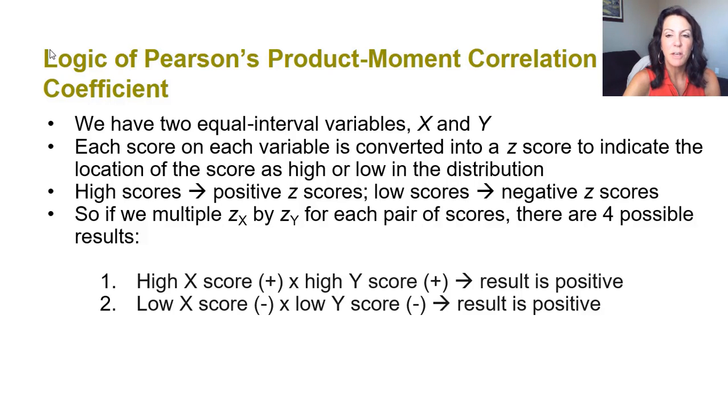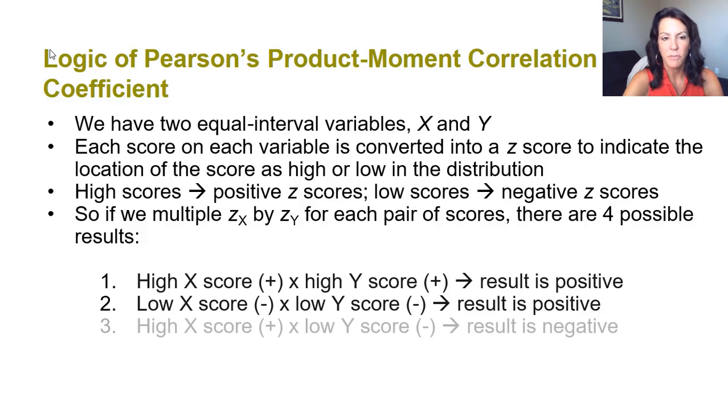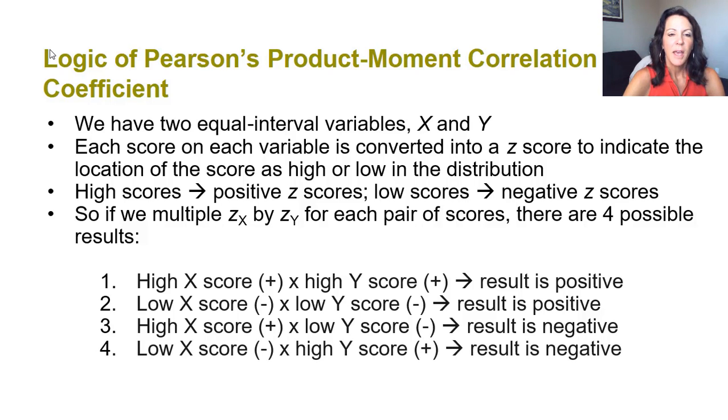Because a negative times a negative gives us a positive. But what if I have a high x score and a low y score? Well, that's going to give us a negative result because a positive times a negative is going to give us a negative. And conversely, if I have a low x score and a high y score, that's going to give us a negative result as well.